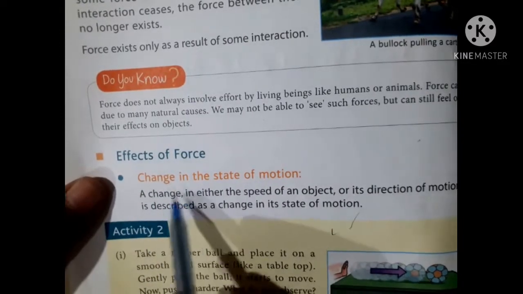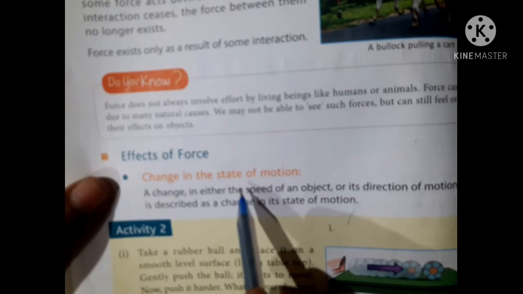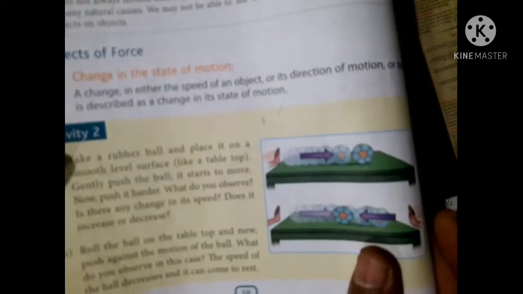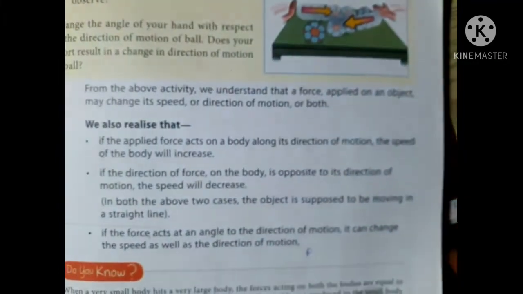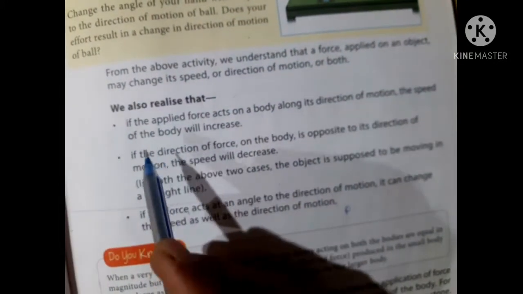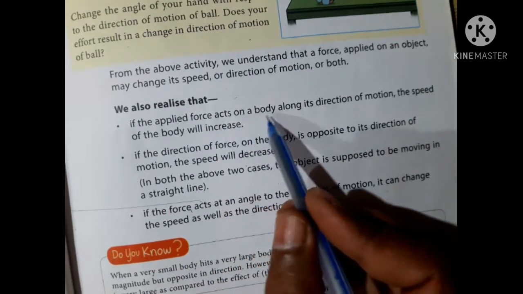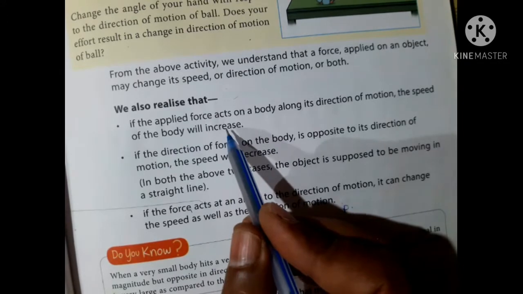Effect of force: change in the state of motion. A state means the body is in the state of rest or in motion. Change in the state of motion. Here you are observing this figure. We realize that if the applied force acts on a body along its direction of motion, the speed of the body will increase.